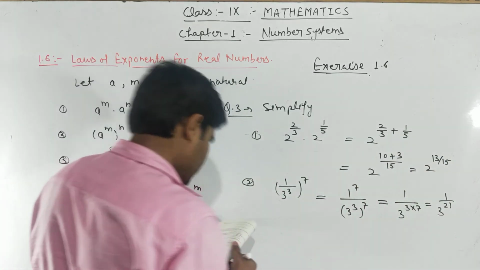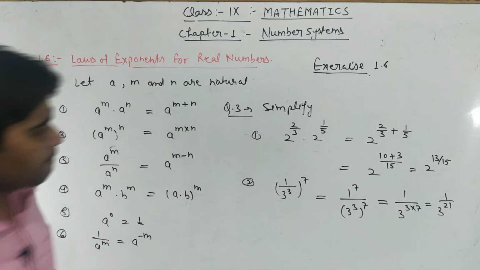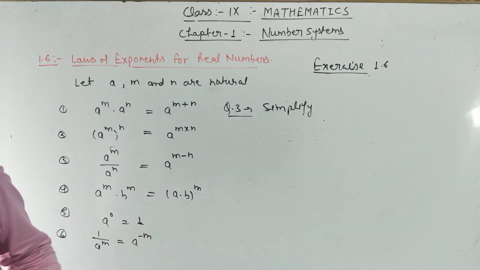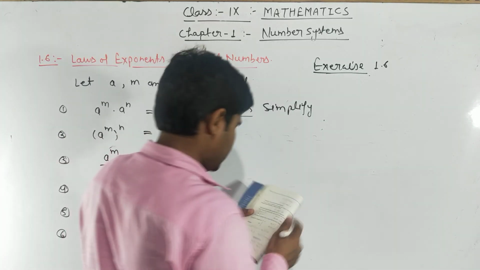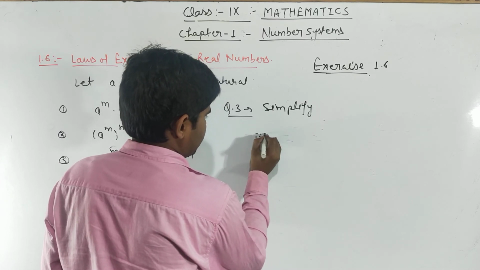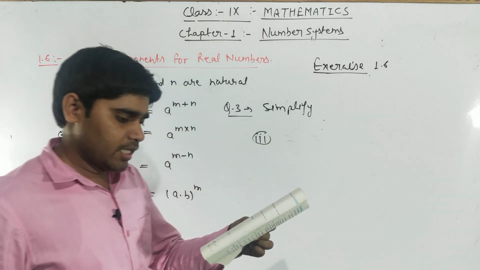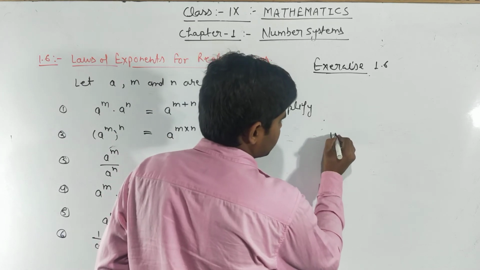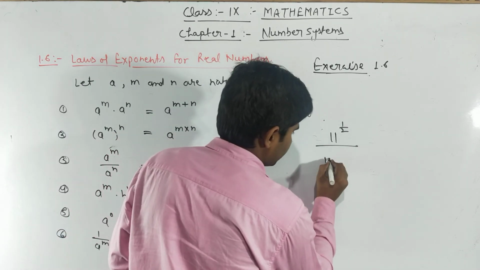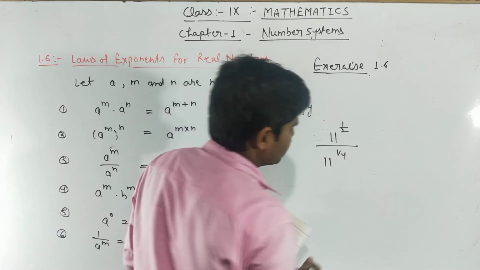Now third one: 11 raised to the power 1 by 2 upon 11 raised to the power 1 by 4.